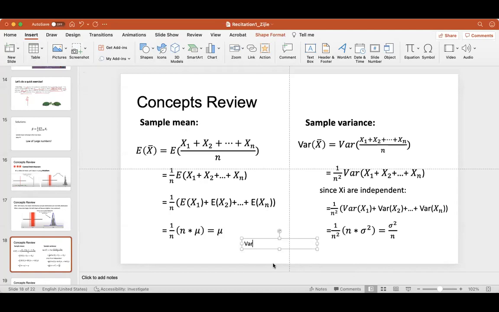When you have the expectation of A plus B, it should be equal to the expectation of A plus the expectation of B, right? But the variance is different.